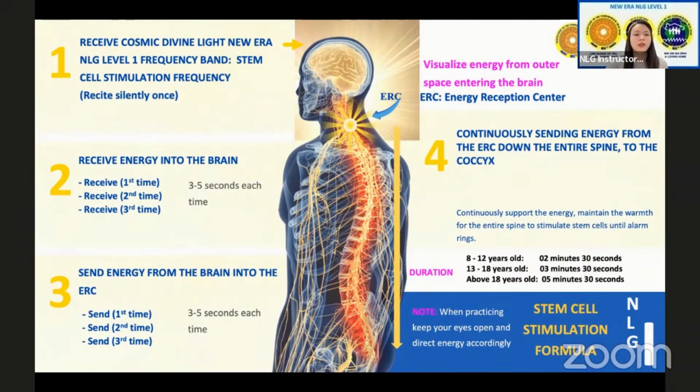You can see here there are 4 steps, very similar to the brain cell activation. Just a reminder for everyone to really familiarize yourself with the ERC, which is the energy reception center. Okay, that's a mouthful. And have a look at the notes here.